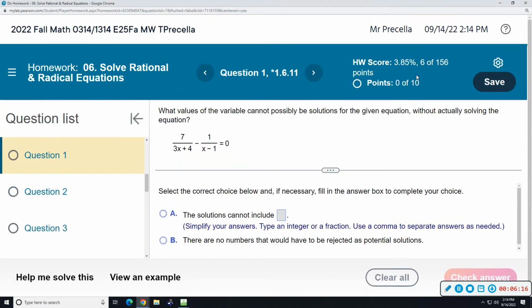Okay, so there we are. They give us the equation. This is number 1 from, let's see, let me write it down. This is number 1. And this, by the way, what is this? Homework 6?